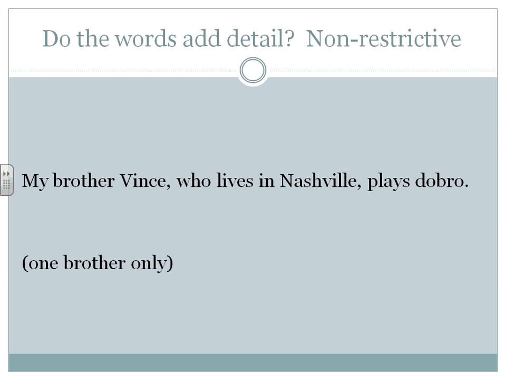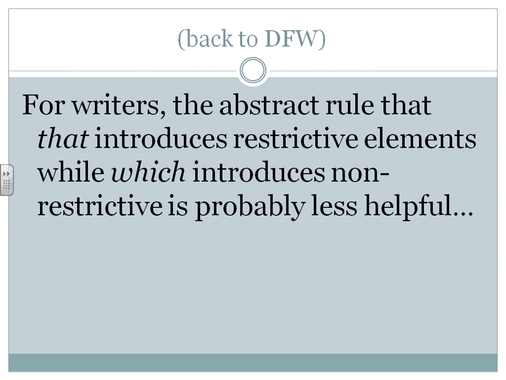Yeah. So we're going to get back to the pronouns, because the distinction between that and which is exactly this distinction. One of them says, I need this information to define what I'm talking about. One is like, I'm going to give you some extra information. So back to DFW. I'll quote the beginning of this sentence again. What isn't helpful to you young writers?